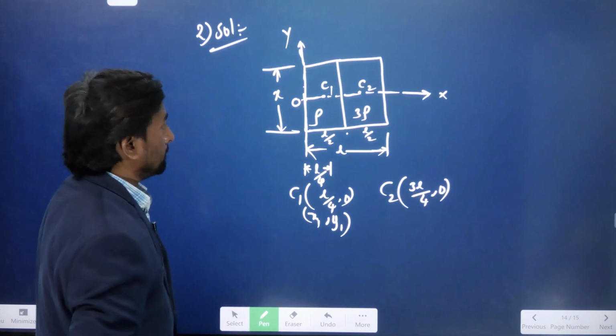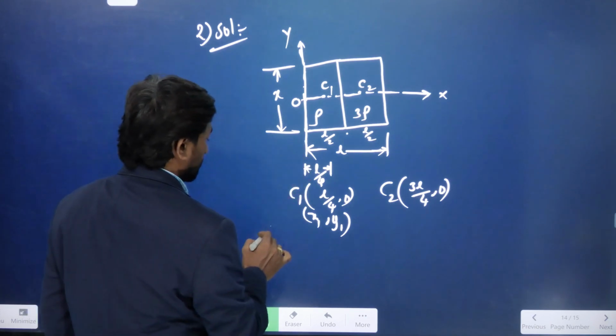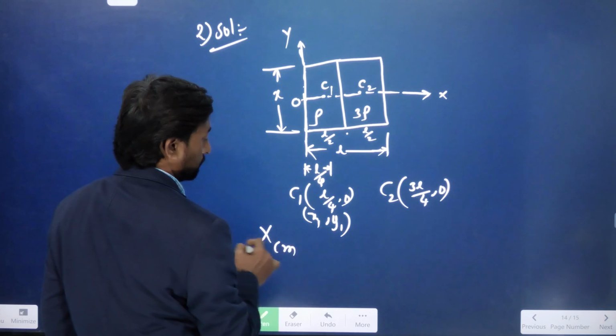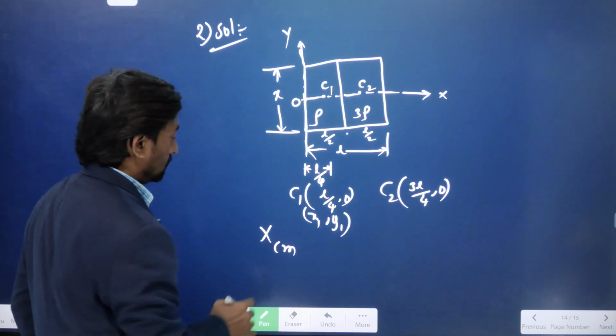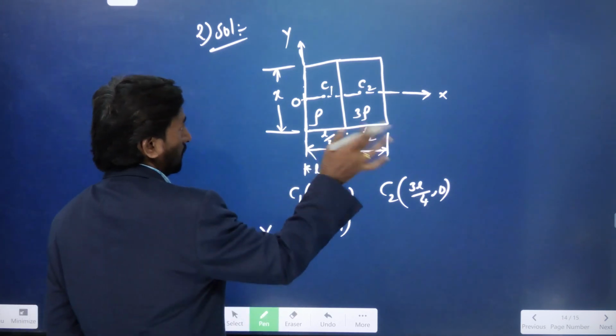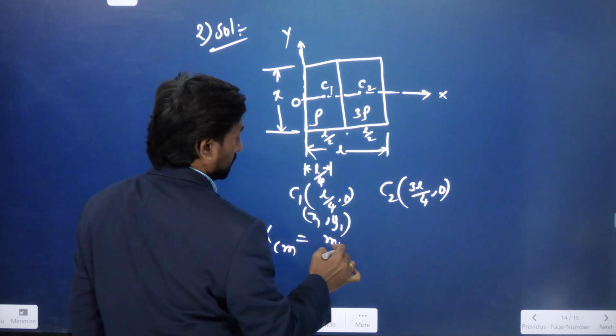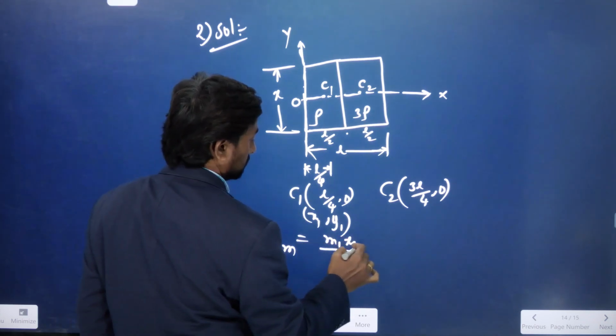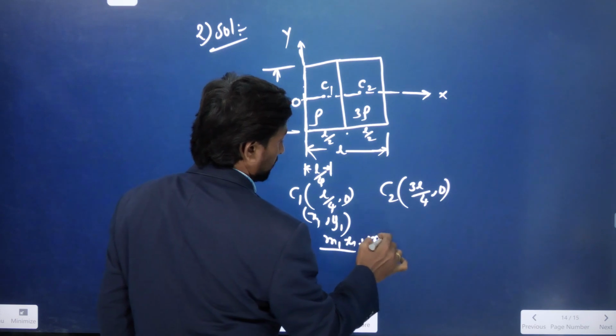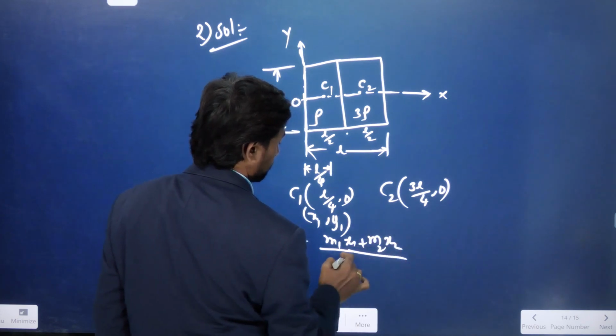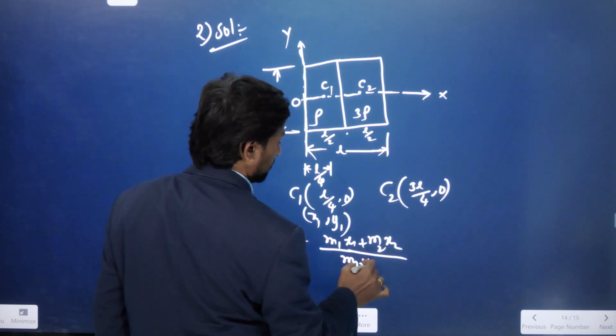We know the formula for the center of mass of particles displaced along the x-axis: m1 x1 plus m2 x2 divided by m1 plus m2.